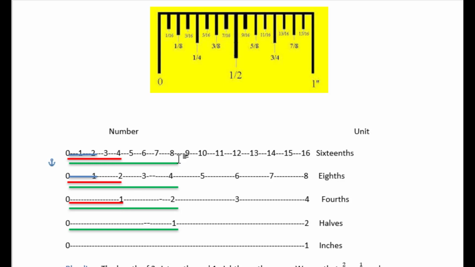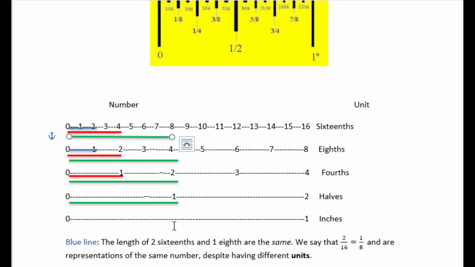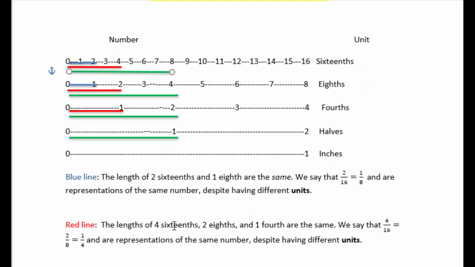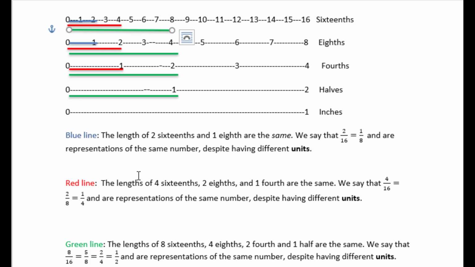And 8/16 is the same thing as 4/8, it's the same thing as 2/4, is the same thing as 1/2. They're equivalent. They're the same number. That's just telling you what the blue line, the red line, and the green line represent.